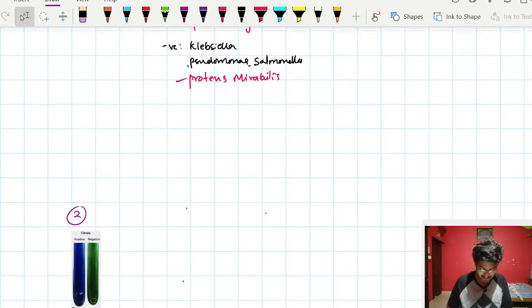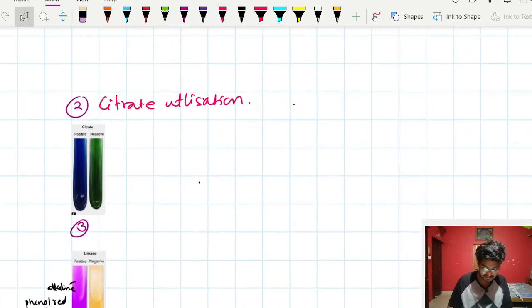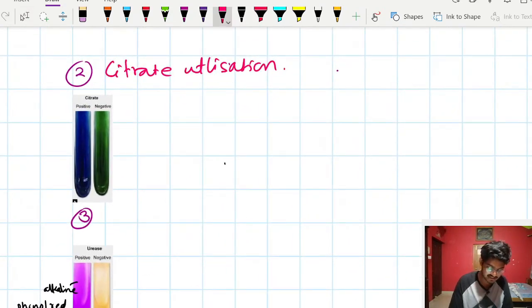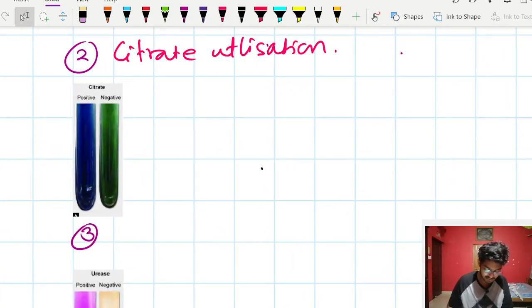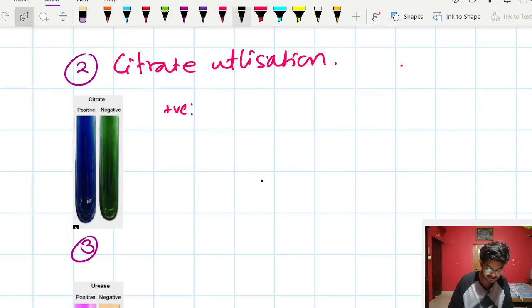Now let us discuss the second test, that is the citrate utilization test. It is about whether the bacteria can utilize citrate or not. That is the basis of this test. If it can utilize citrate, then there will be a blue purple color. If it cannot utilize citrate, then there will be no color change. So which organisms give citrate utilization positivity?